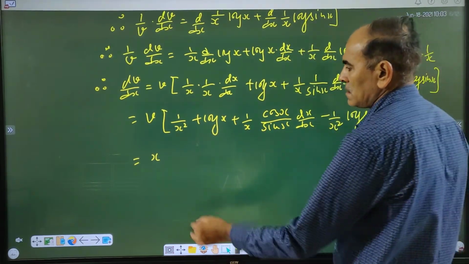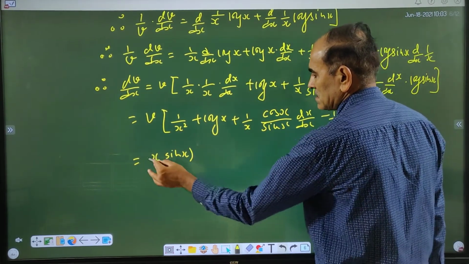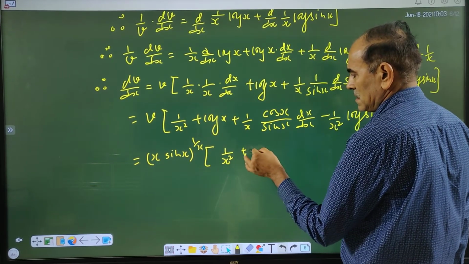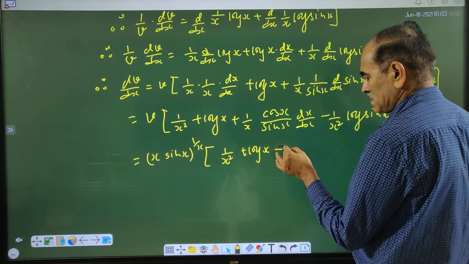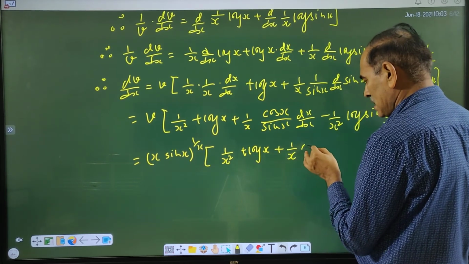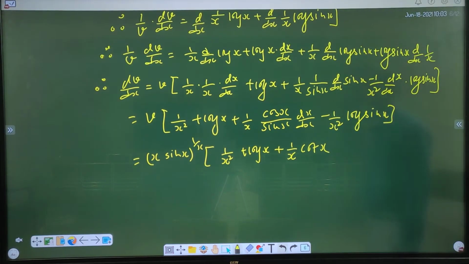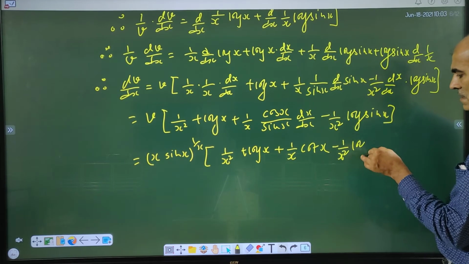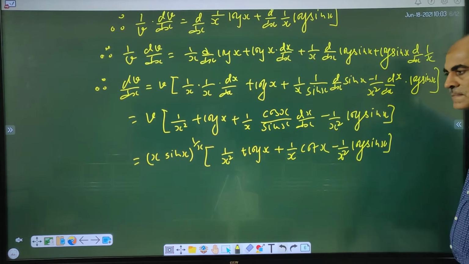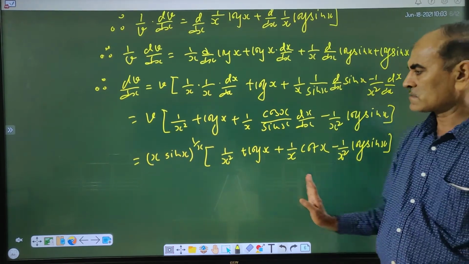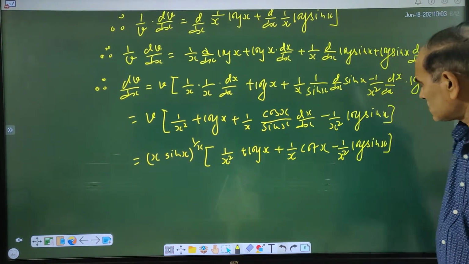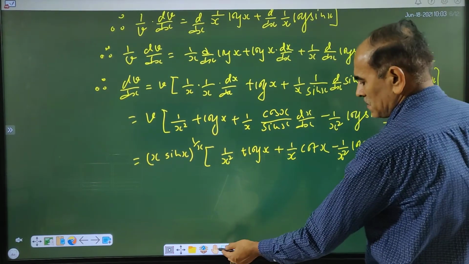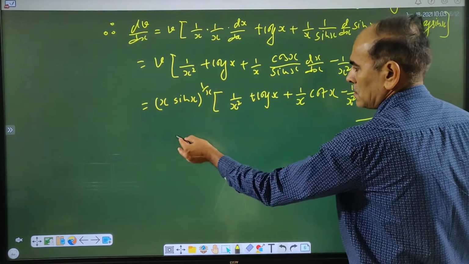What is the value of v? x sin x raised to 1 by x, 1 by x squared plus log x plus 1 by x cot x minus 1 by x squared log sin x. We can take 1 by x as common also. You can write it also. Result number 2.